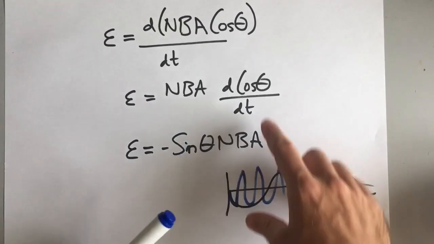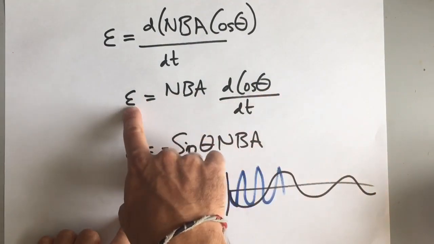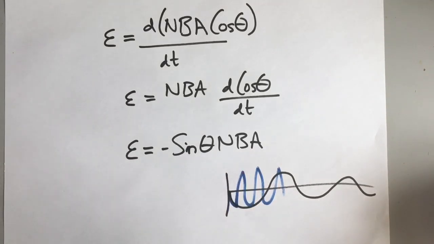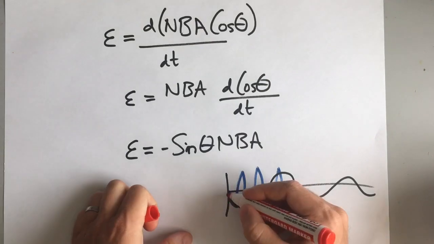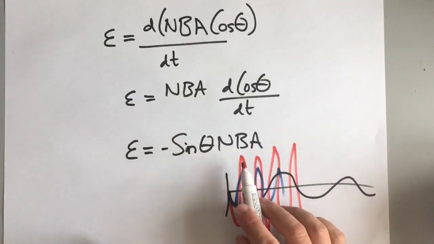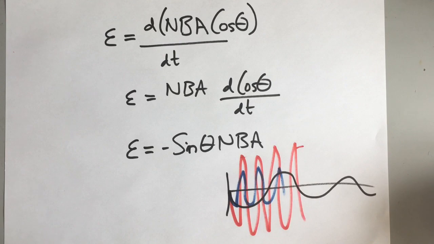But also the rate of change of the angle is increasing. So the EMF will also increase. And by EMF we mean the peak here, the maximum. And so what we will actually get is not the blue line, but the red line. Now notice that both the height of the waves has increased and the frequency has increased.